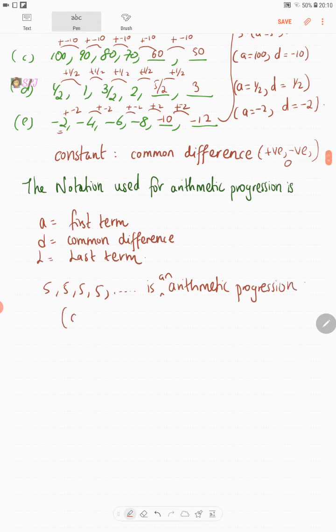We have a is equal to 5 and the common difference is 0. We are adding 0 each time, so the common difference can be 0, positive or negative.